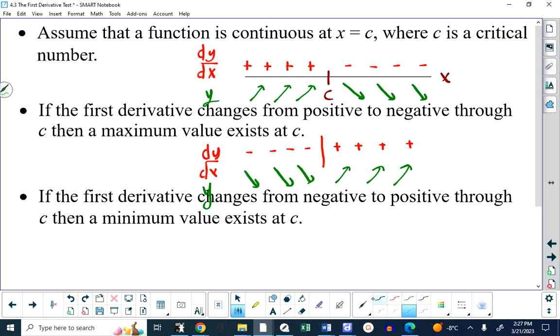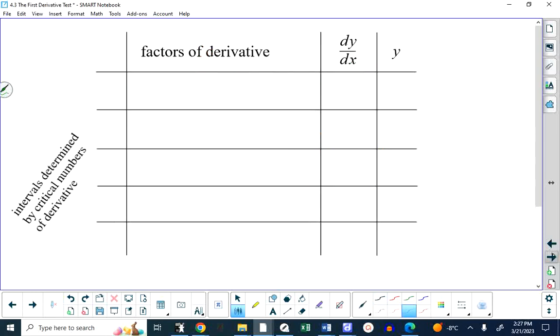In fact, one of the examples we finished off with yesterday, we had those arrows at the end, and we said, well, if it goes up and then down, it's a max. We have two examples we're going to go through. But basically, just to give you a visual of this, if you make a first derivative chart and it happens to be that your first derivative takes on those characteristics, then that means in that first interval, the function is increasing.